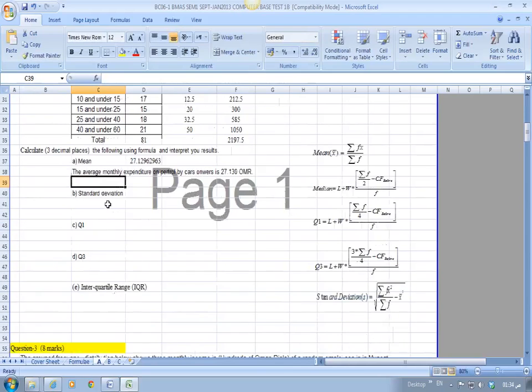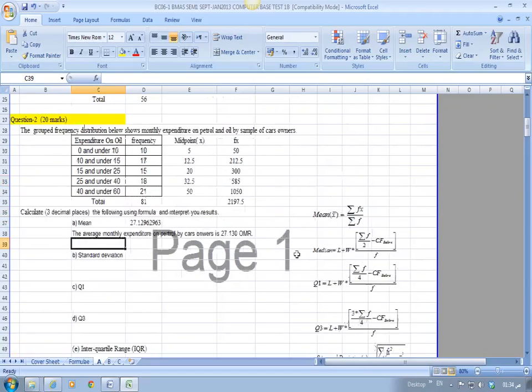Next is to calculate the standard deviation, and here is the formula of standard deviation: the square root of sigma fx squared divided by sigma f, minus x bar squared. So we need another column which is x squared. Fx squared means x squared, x multiplied by x.